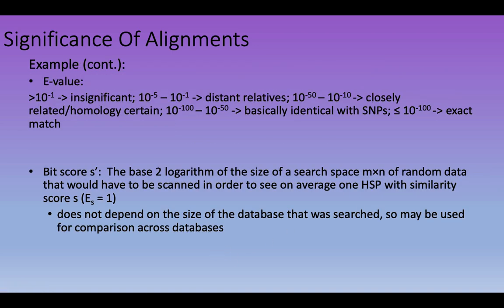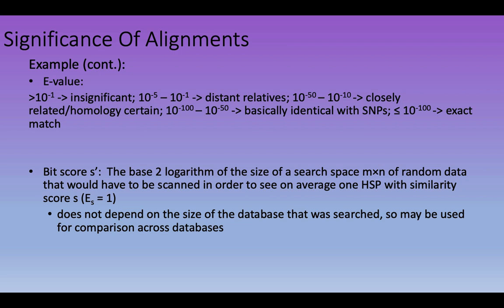So when we think about this bit score, it's actually estimating the size of the space that would have to be scanned in order to get one high scoring segment pair of a similarity score S. It's based on that idea, and it's a base 2 logarithm, so it's not the exact size.